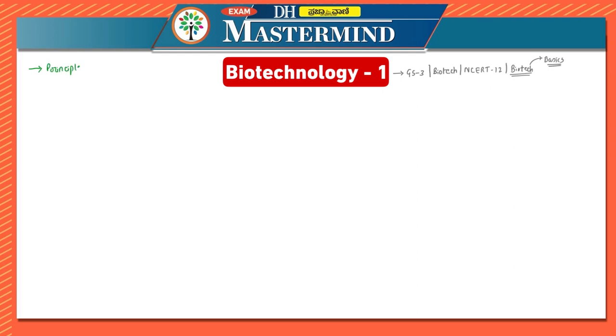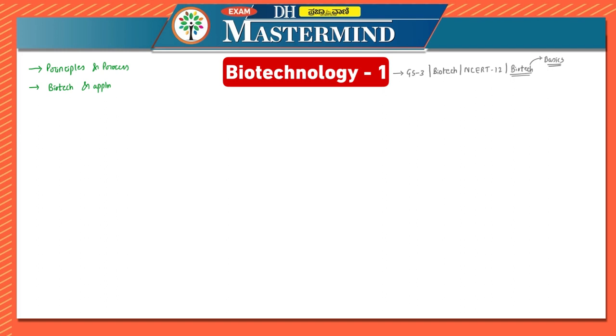So this is biotechnology, principles and processes. And in another chapter, they speak about biotechnology and its applications. So let us start with principles and processes.